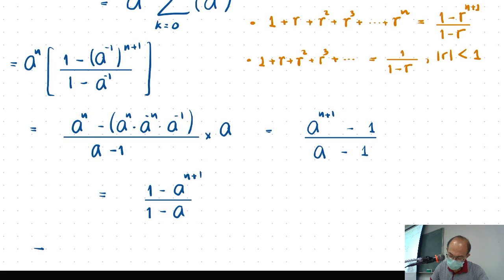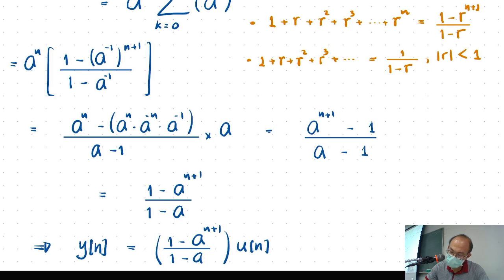So the zero state response of the system is 1 minus a to the n plus 1 over 1 minus a, times u of n. The reason why u of n is present is because the output starts from n equal to 0. When n is less than 0, the output would be 0 because the input is not there yet and there are no initial conditions, so the output would be 0.